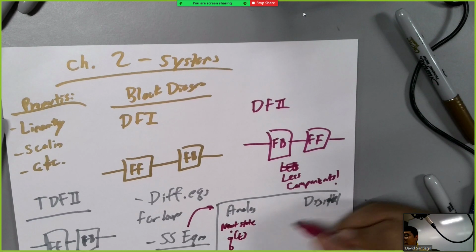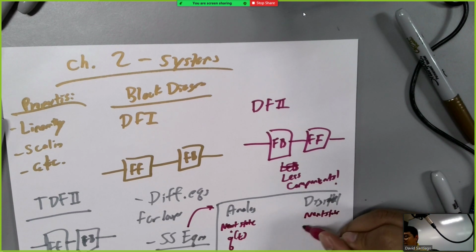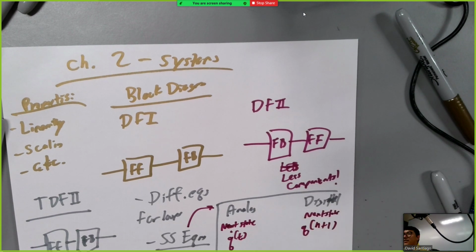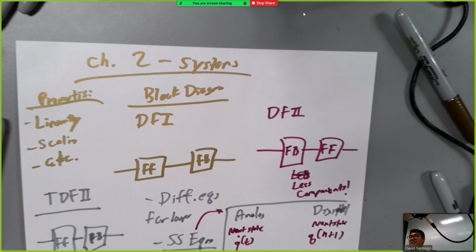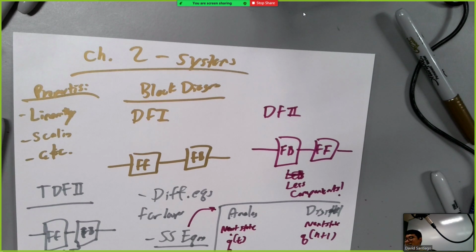And for the digital, the next state is just going to be Q of n plus 1. If Dr. Stuber asks you to find the derivative of Q of t or the next state of Q, everyone's going to do that? Easy? That's it. These are the two big things that we talked about.